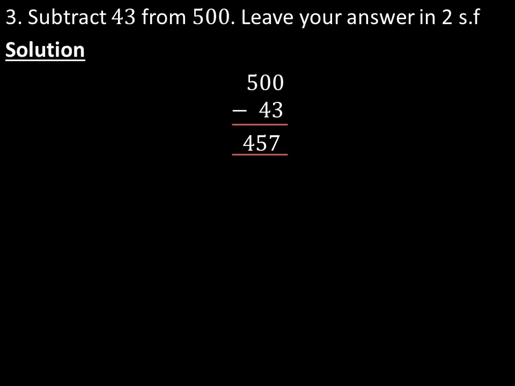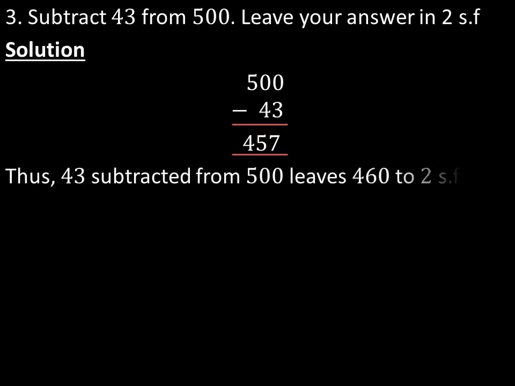So after the first digit, which is 4, the second digit is 5, the third digit is 7. So we are going to round it off to 1 because it is more than 5. And when we round it off to 1, we add it to the previous number, which is 5. So we have 460 as our answer to 2 significant figures.